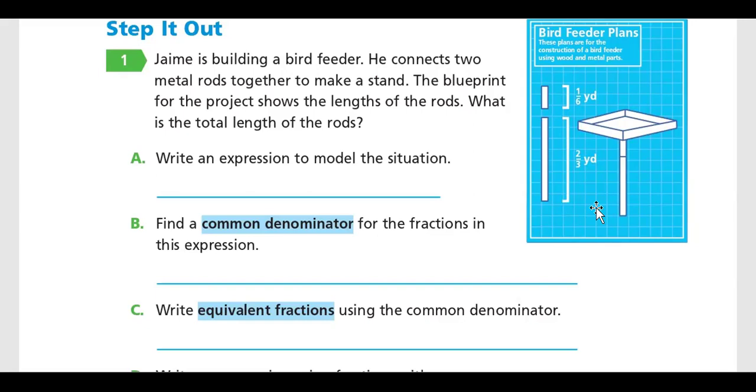So this one, we need to add them together. So we have to add 2/3 plus 1/6. So find the common denominator between them. How can you find the common denominator?